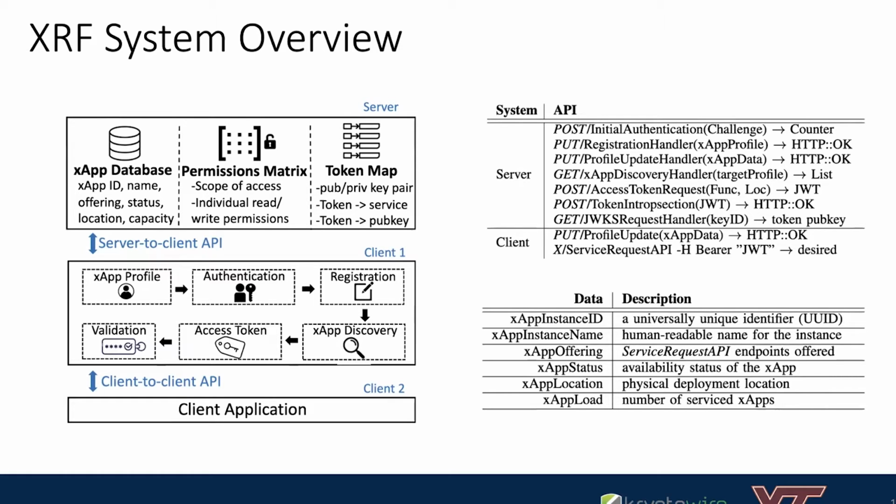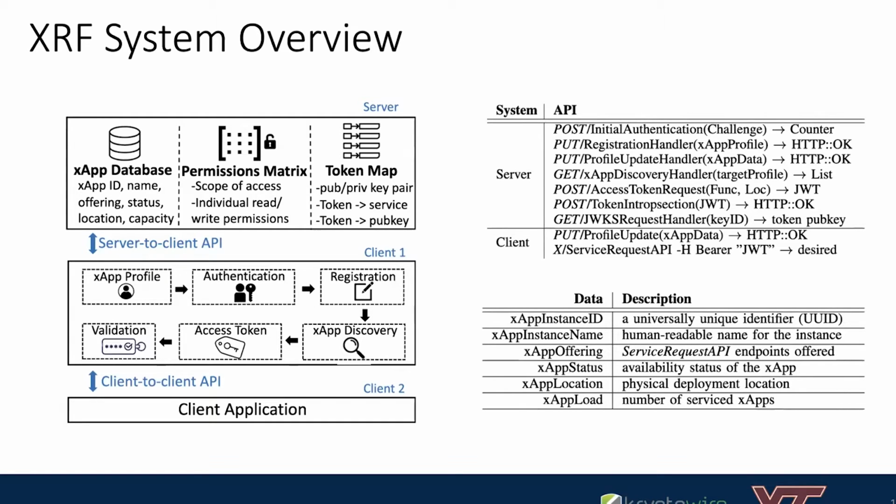At that point, we also have a permissions matrix, which is used not only for scope of access verification, but also conflict resolution. Basically, we want to prevent two XApps from being able to write to the same endpoint resource, which would lead to performance degradations or even catastrophic failures.